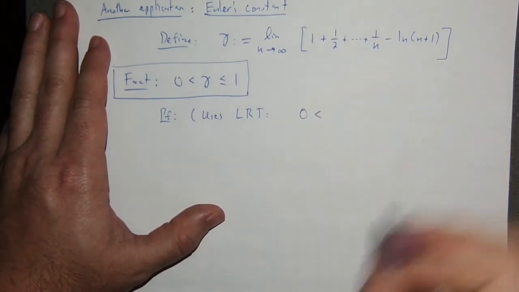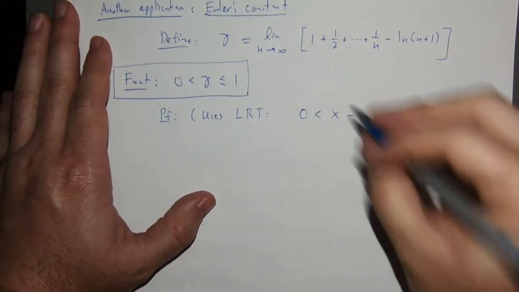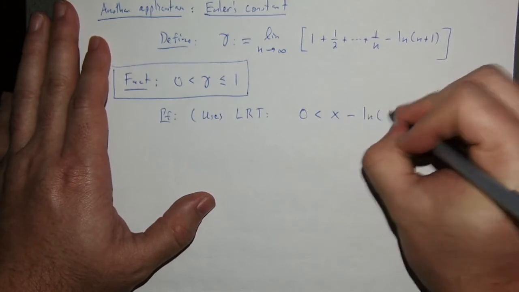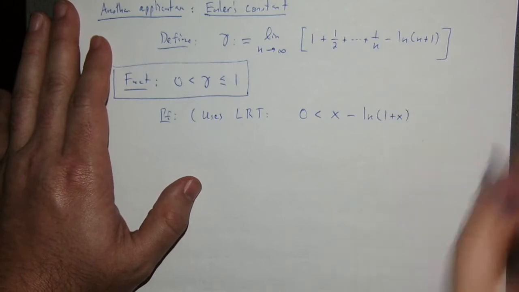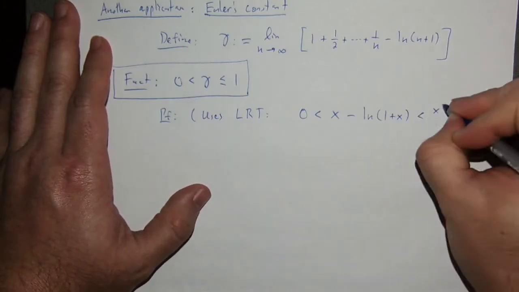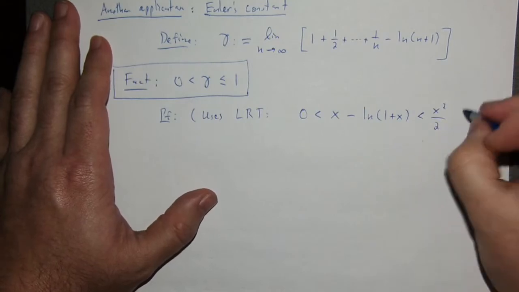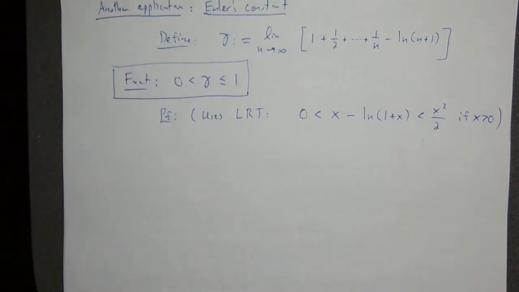There's an estimate that says that the natural log of 1 plus x can be bounded between 0 and x squared over 2 if x is positive. So this comes from the Lagrange remainder theorem. It might actually also be an exercise. It is. It's exercise 4. I don't think I assigned that one, but it's exercise 4 in 8.2.